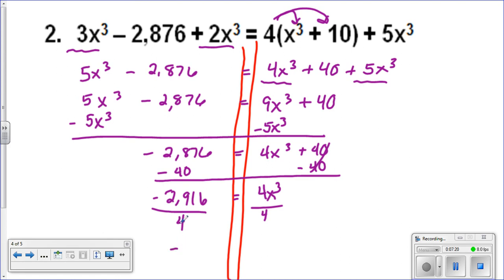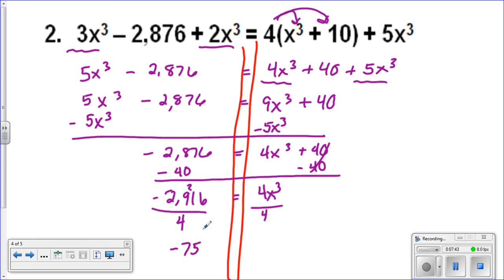So let's see. 4 goes into 2 0 times. So 4 goes into 29 7 times. That would be 28 with 2 left over. So I'll put the 2 right here. 4 goes into 21 5 times.